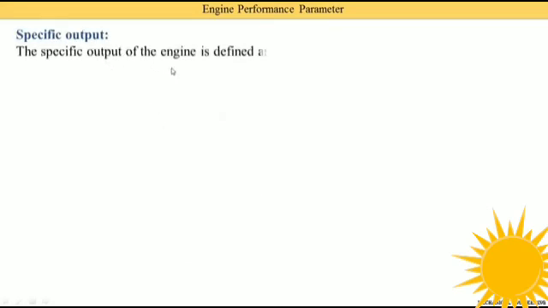Specific output. The specific output of the engine is defined as the power output per unit area. Specific output is equal to brake power upon area.